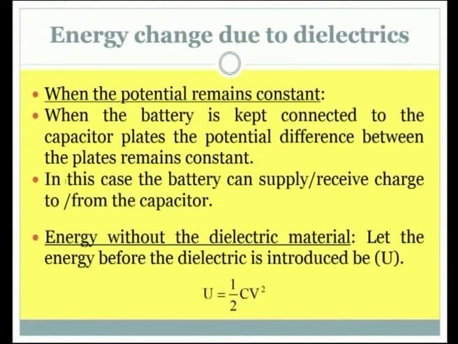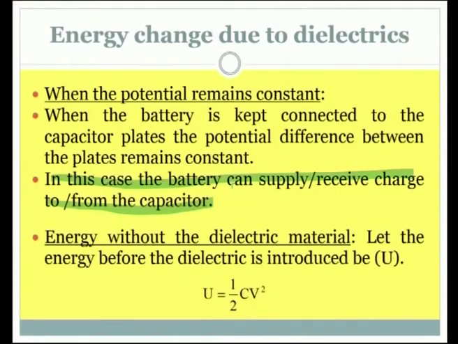Because of the presence of the battery, there is a possibility for a change in the charge. The potential will remain the same, but the charge can vary. Either the battery can take the charge from the capacitor, or it can supply the charge to the capacitor, according to the case. So, we will see what is going to happen.